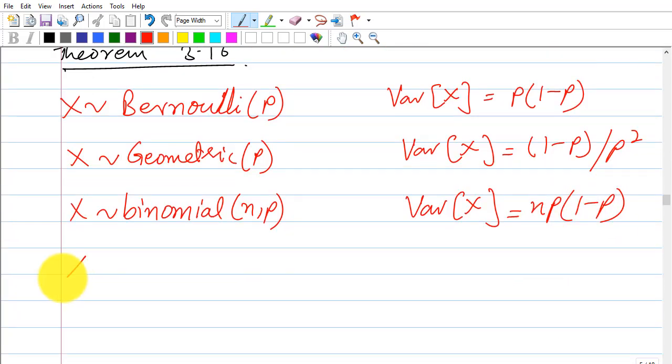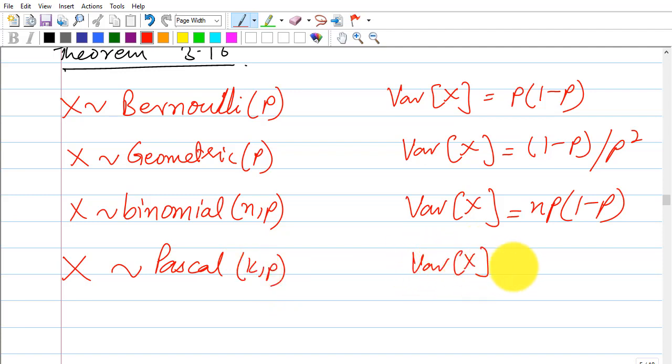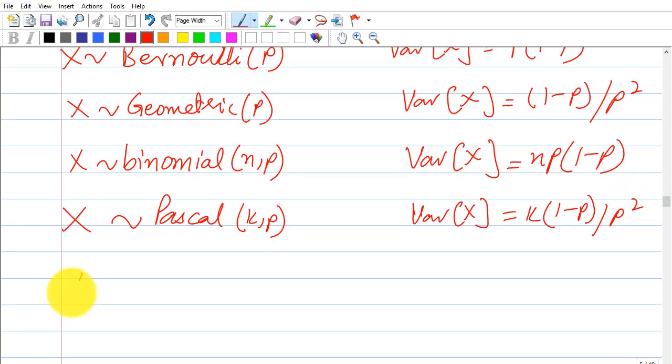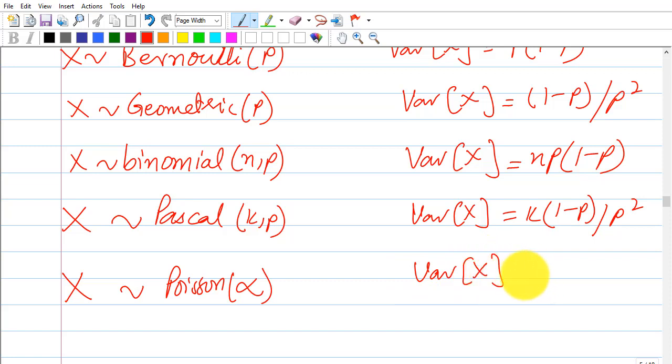Similarly, if X is Pascal k, p, then the variance of X will be k into 1 minus p divided by p squared. If X is Poisson alpha, then its variance is simply alpha.